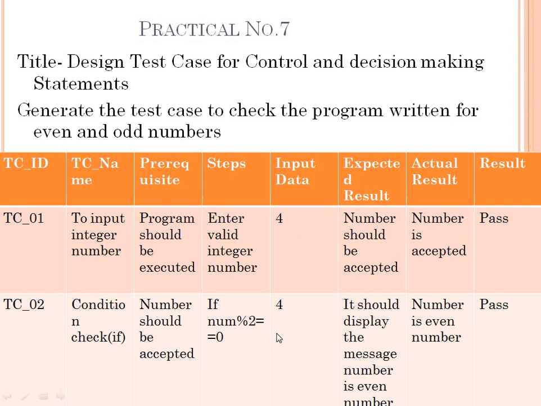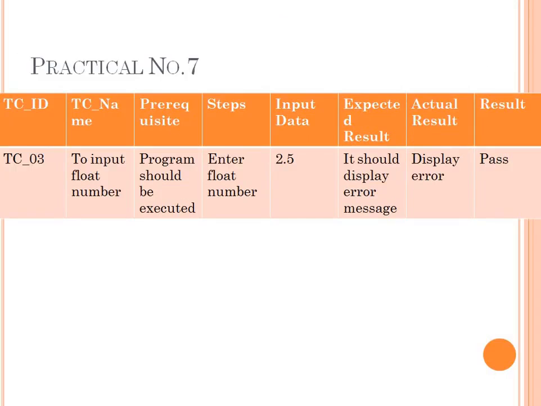The input data is 4. The expected result is that it should display the message number is even number. The actual result is number is even number. We check that the expected result is equal to the actual result, and if they match, the result is pass. That is the status of our test case.